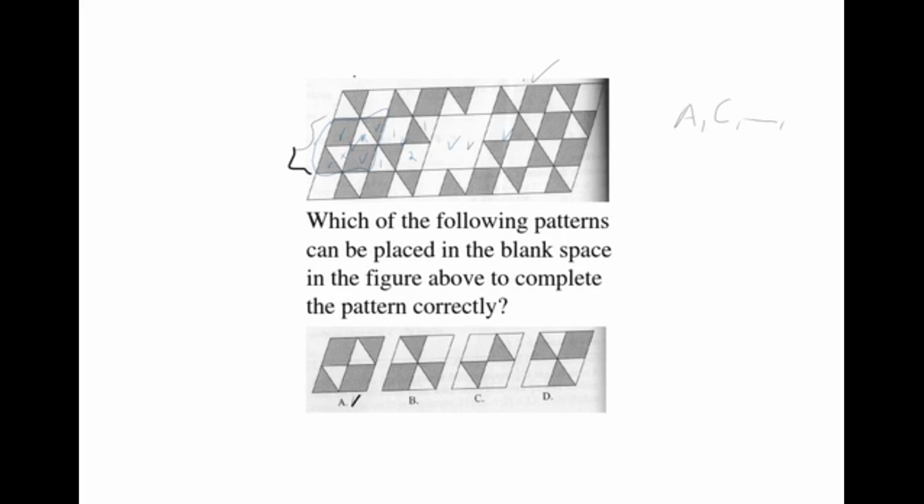Then after that we have our C repeated, then our A. So it means we start with A, we go to C, then we repeat A again, then C, then A. So the pattern that fits best in our blank space will be the A pattern, and therefore we have our answer as A.